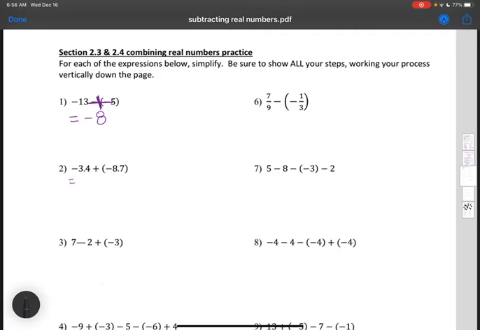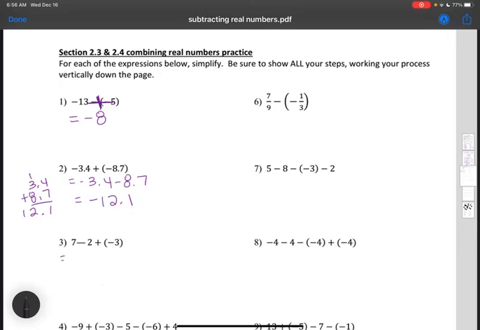So it's a -3.4 minus 8.7. Since it's that negative and it's going to get even bigger off to the side, I'm going to add it together and see just how big does it get. So 3.4 plus 8.7. I'm getting a 12.1. So that's a big negative 12.1.